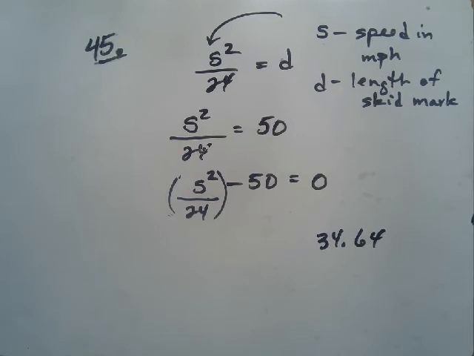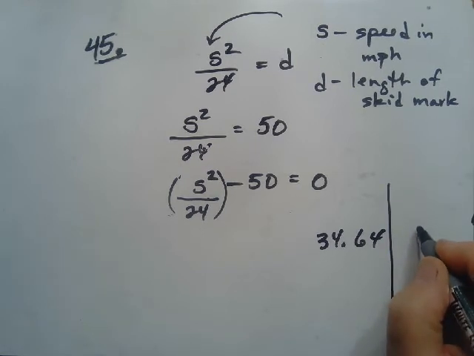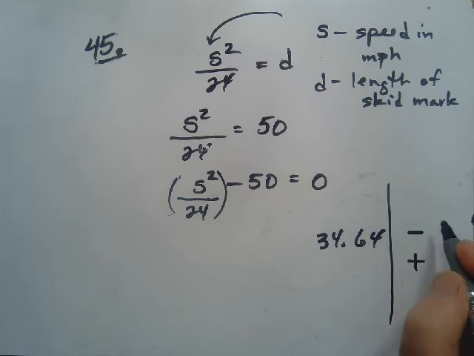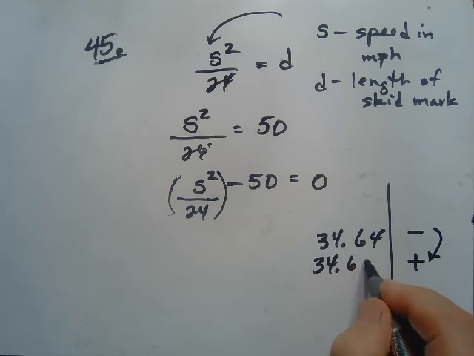Here, you can tell when the sign changes in the y column. See, the sign changed in the y column. Here the sign was negative, and then it changed to positive. And when that sign changes, we know that it's somewhere between these two numbers.